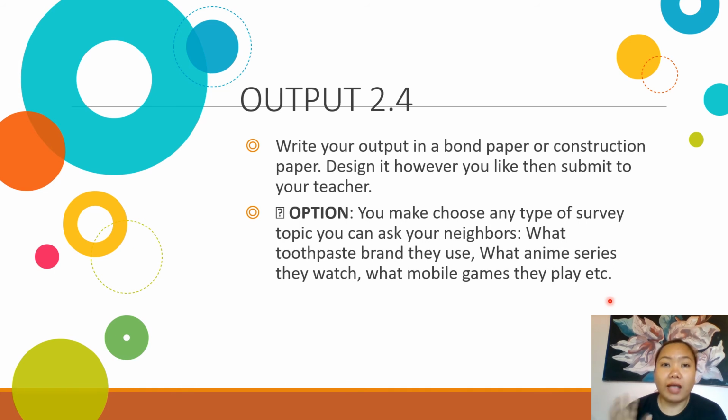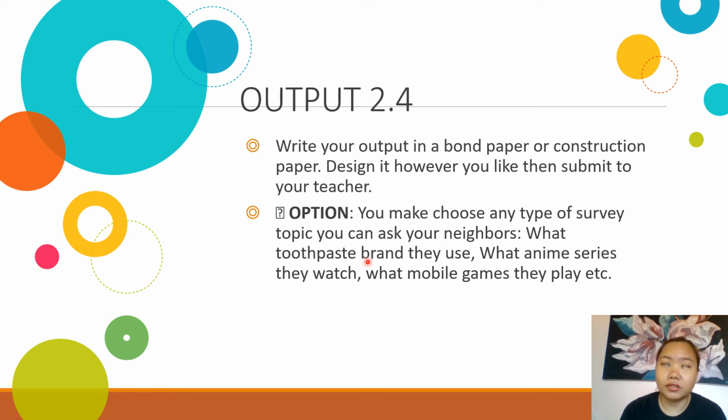Okay. I will give you an option, leaders, to choose. If you don't like it, the topic is about cell phone brands, you can change it. You can talk about other stuff. For example, what toothpaste? Or what soft drinks? Or what snack they like to eat? Or what's their favorite movies? No? Type of movies.